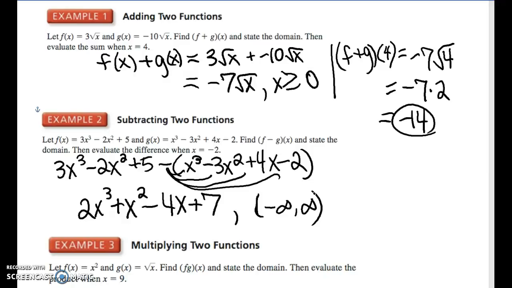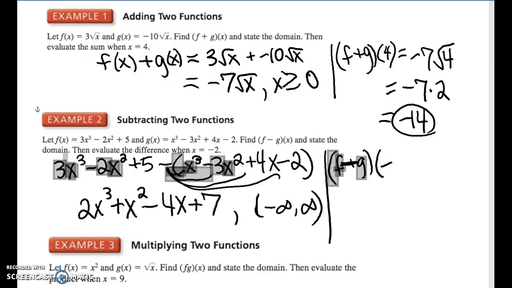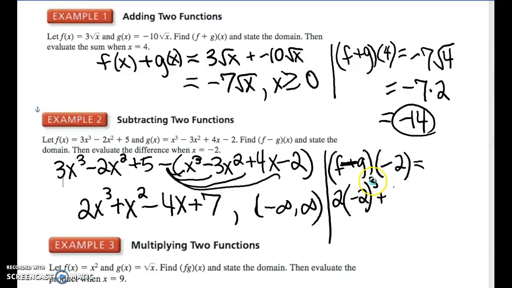So it says find the difference when x is negative 2. So we have f minus g for negative 2. And that's going to equal, plug in negative 2 to our answer. So 2 times negative 2 to the third plus negative 2 squared minus 4 times negative 2 plus 7.